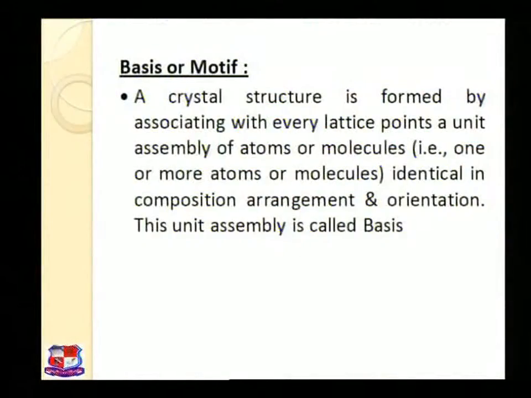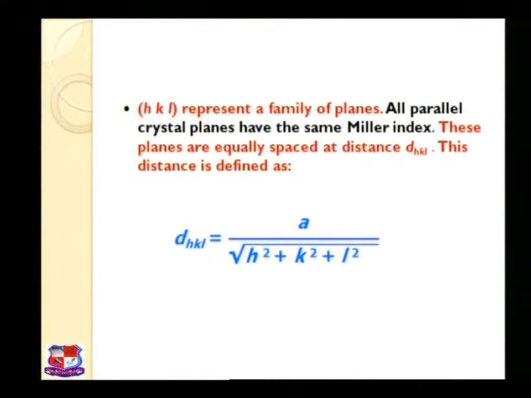Before going to the derivation of the interplanar distance, I am going to show you some diagrams related to it. Let us move towards the next slide. Here in this equation, h, k and l represent the family of planes.